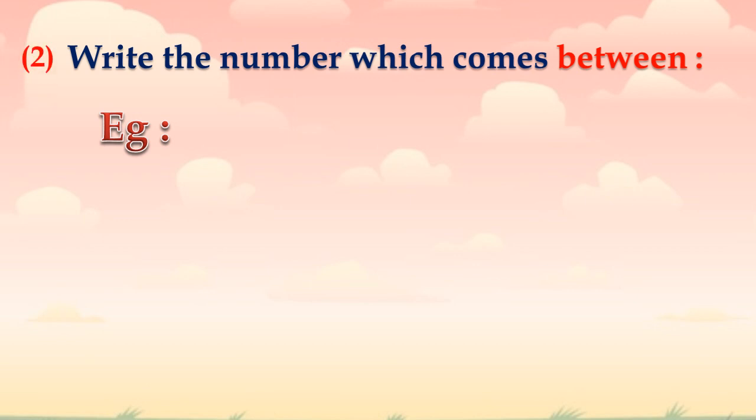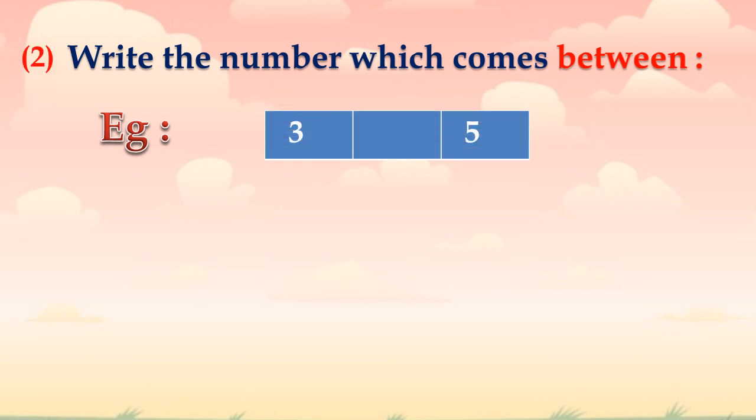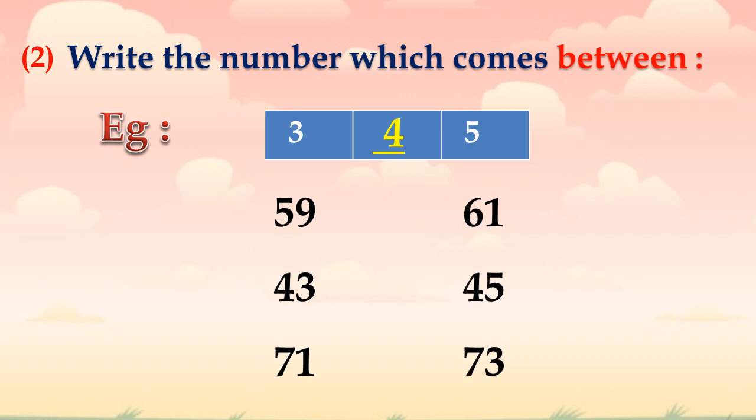Write the number which comes between. Which number comes in between the numbers 3 and 5? The number 4 comes in between the numbers 3 and 5. Which number comes in between 59 and 61? The number 60 comes in between the numbers 59 and 61.